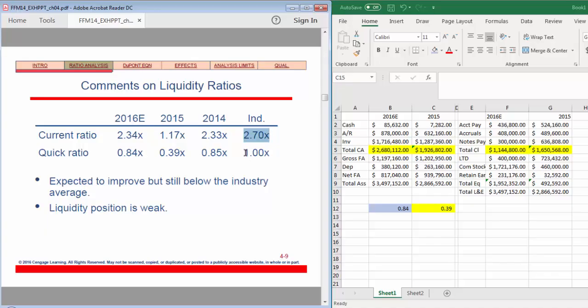And for the quick ratio, like I said, you'd want to be at least at 1, and we are still way below the industry average. But you can see that it was much worse in 2015. It was better in 2014, but went much worse because of the expansion projects that we had discussed in the previous chapter. It seems to be picking up in 2016, but there's a long way to go. So it's expected to improve, but still below industry average, and we can say that the liquidity position is weak.